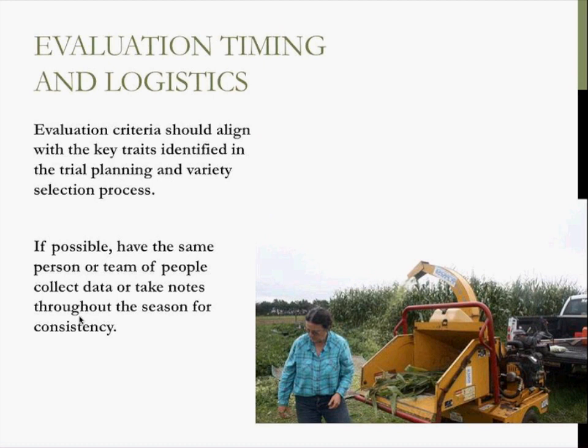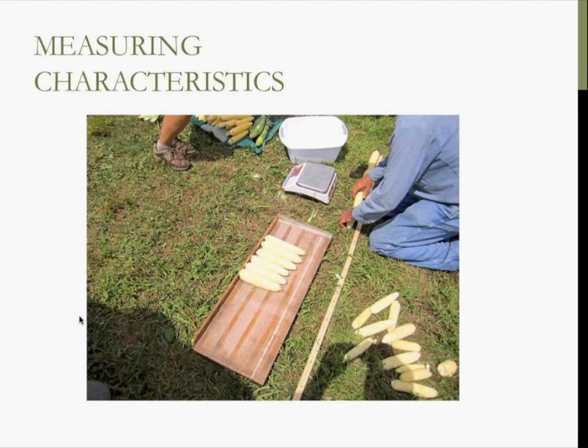So it doesn't have to be the same person taking all of the data on the trial, but if you're taking disease measurements through the season and saying you want to rate early disease incidence on your trial and late disease incidence on your trial, you want the same person to do that for all the varieties so that you're sure the measurement is consistent and you can compare varieties to each other and you don't have variation due to the person that's doing the evaluation. So try to have one person take notes or data on a particular trait throughout the season.